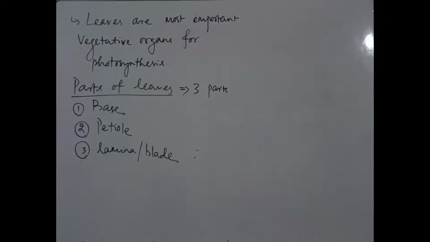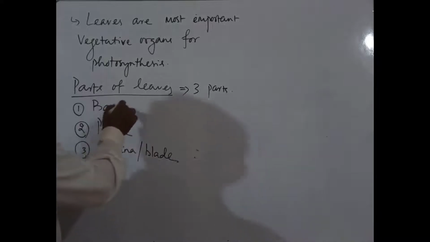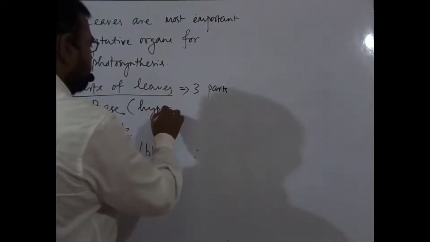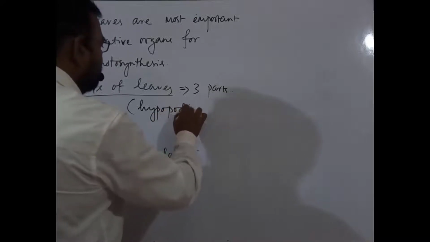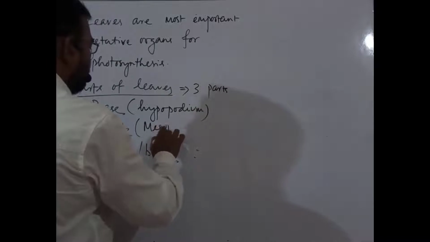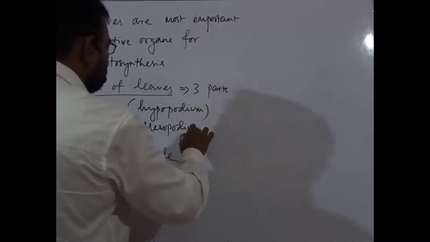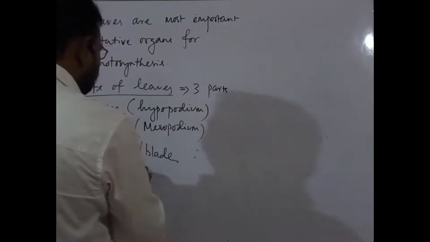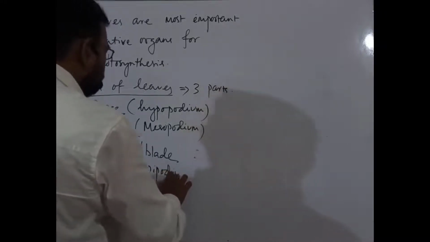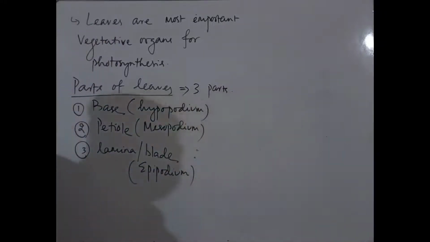The base is known as hypopodium. Petiole is known as mesopodium. And lamina is known as epipodium.